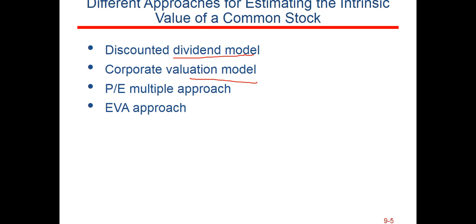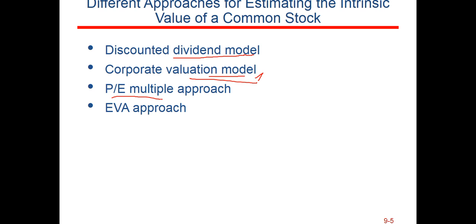The corporate valuation model is very similar. Time value of money operations, what we are doing is asking what are the cash flows going to a specific firm? What is the weighted average cost of capital to the firm, which is a weighted average between debt and the stock? And I'm going to calculate the present value using time value of money operations.